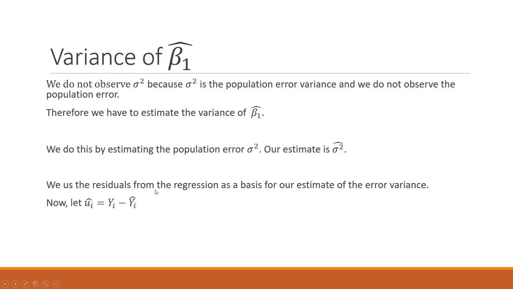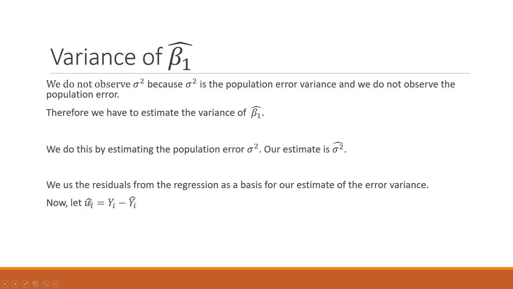We use the residuals from the regression as a basis for our estimate of the error variance. All right, so now let u_i hat equal the residual from the regression.